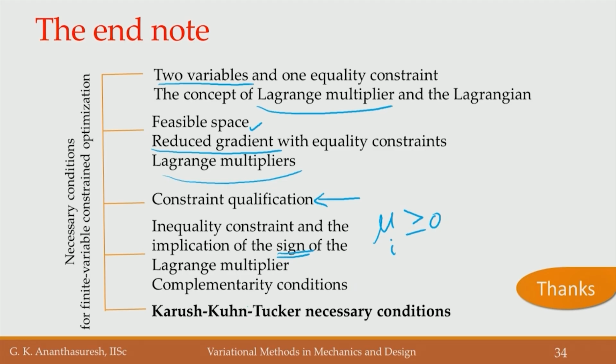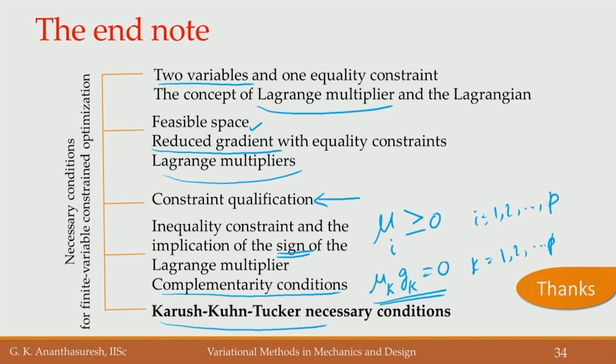We talked of complementarity conditions, which will tell you whether a constraint is active or inactive. Okay. Finally, we had the Karush-Kuhn-Tucker conditions that capture all of this. So, this finishes the necessary conditions.